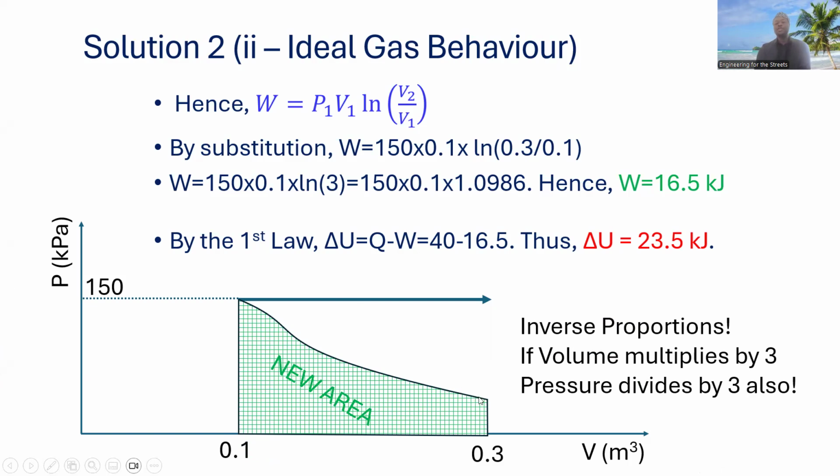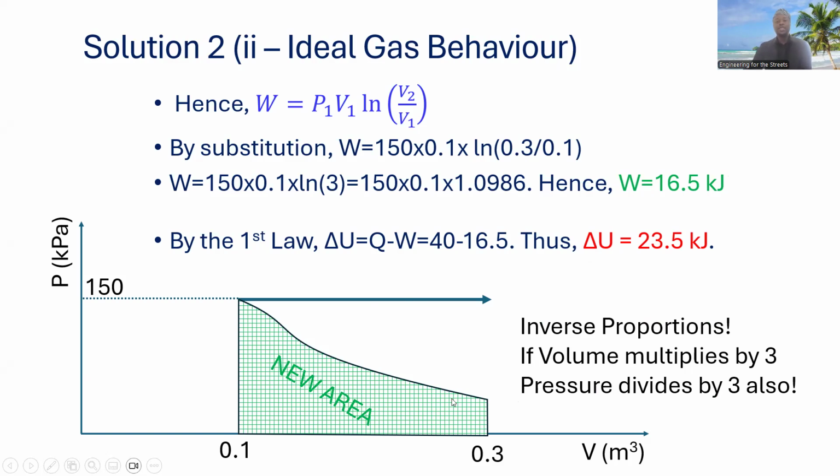That inverse relationship leads to a reduction in the area under the graph, or a reduction in the work done, because work done is defined as the area under the pressure against volume graph. And that, in essence, corresponds to the answer we got, because initially the work done was 30 kilojoules, but now it's just a little over 50% of that. That's 16.5 kilojoules, which accounts for the fact that the gas is behaving as an ideal gas.